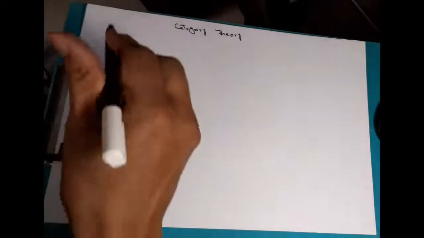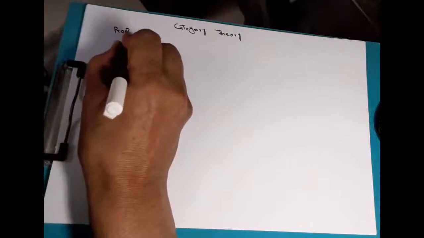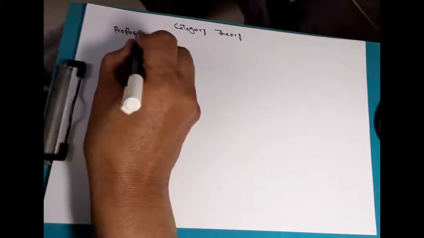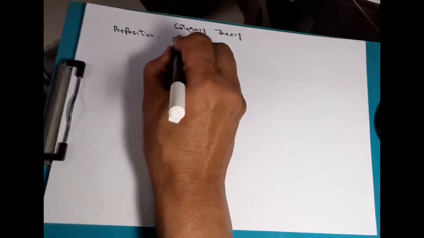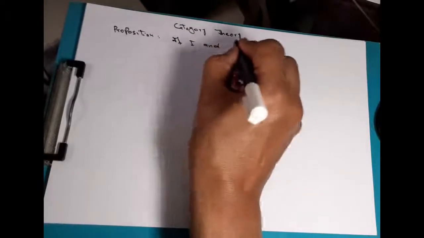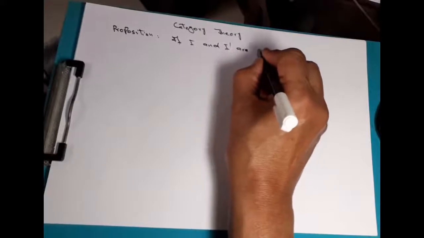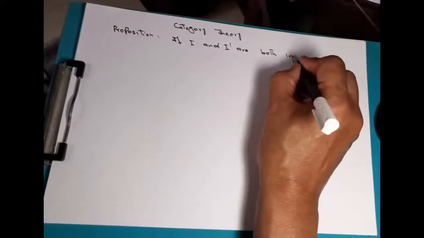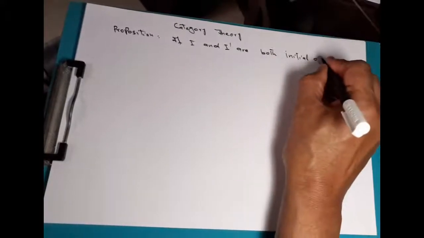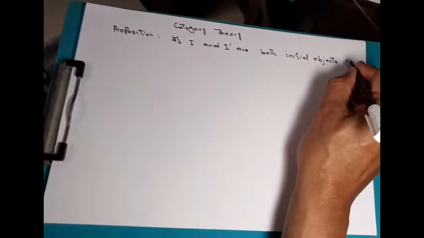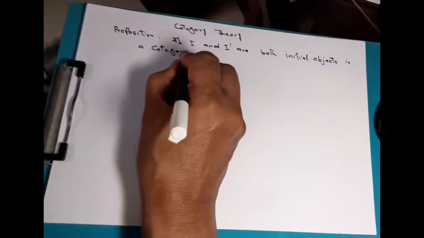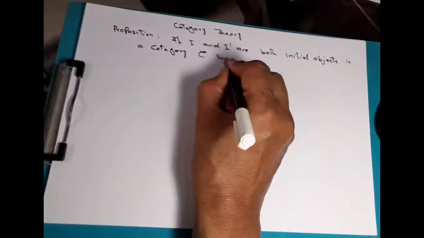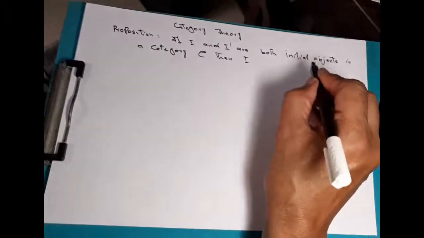Let's prove a proposition regarding initial object. The proposition says that if I and I dash are both initial objects in a category C, then I is isomorphic with I dash.